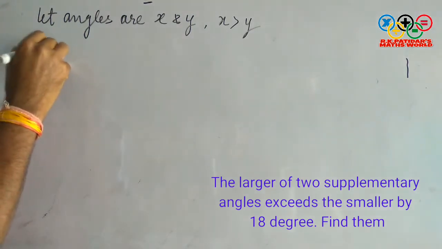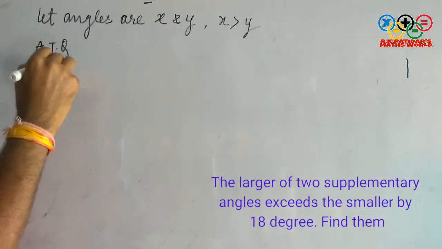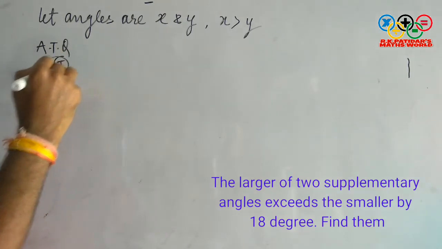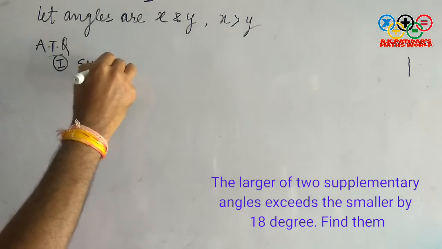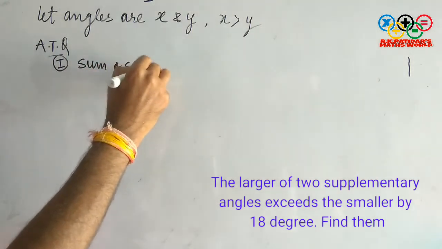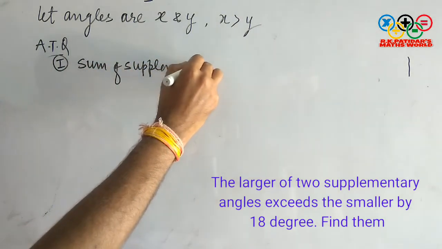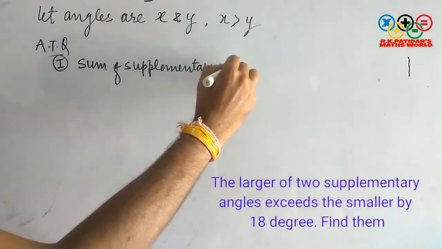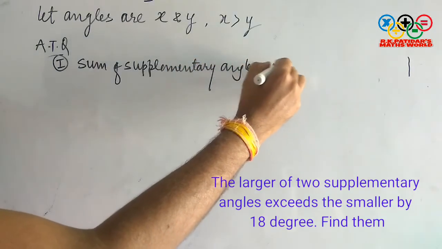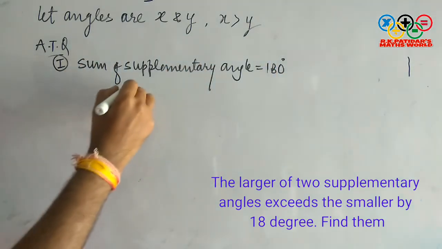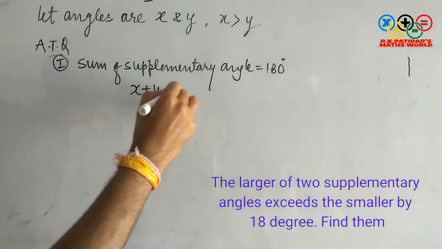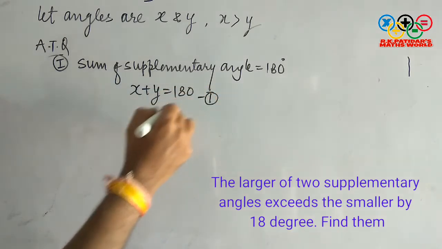According to the question, these are supplementary angles. So we know that the sum of supplementary angles is equal to 180 degrees. Means x plus y is equal to 180. This is the first equation.